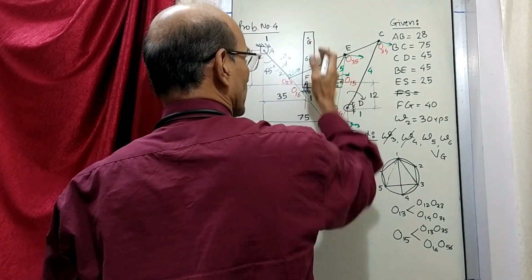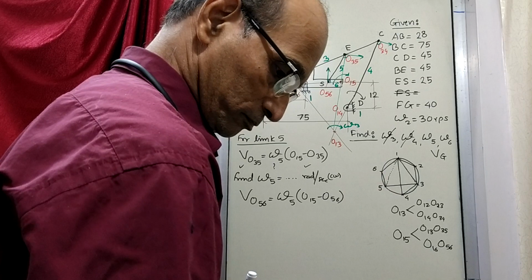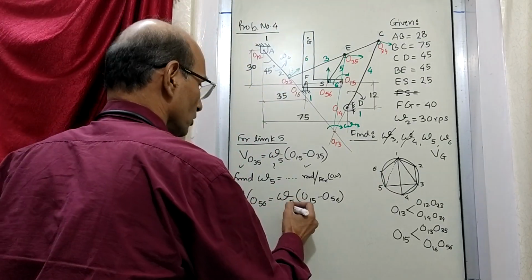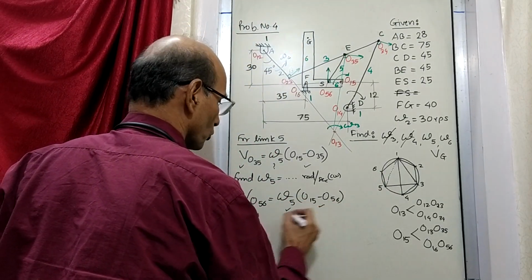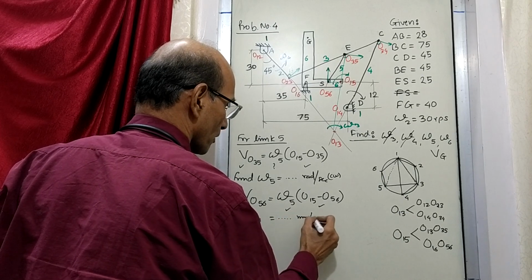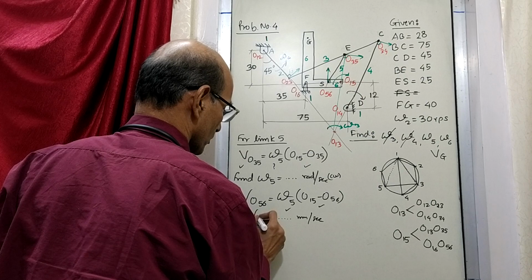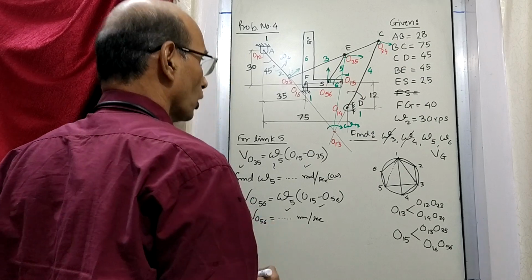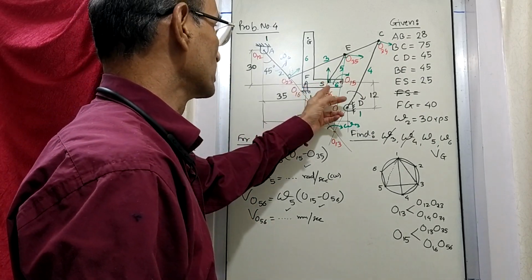So 5 6 is going like this. Omega 5 is known, this is known, so you can find out velocity of 5 6.